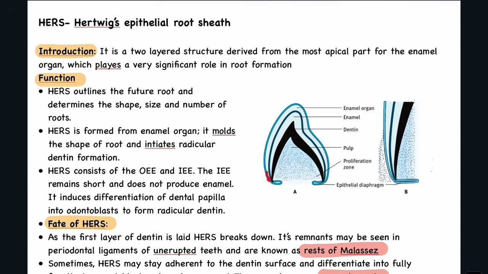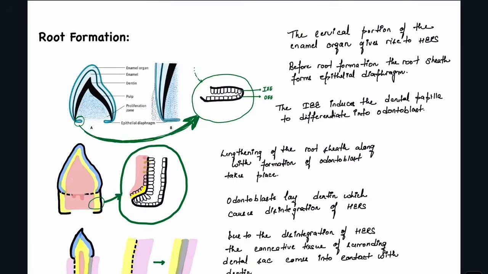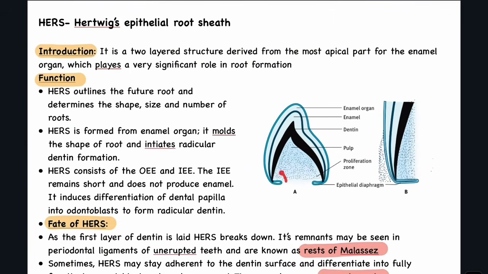So what will happen is that this enamel organ, in the enamel organ we had these cells, no? The outer enamel epithelium and the inner enamel epithelium. So this tiny part in here, it has inner enamel epithelium and outer enamel epithelium, and this part bends.